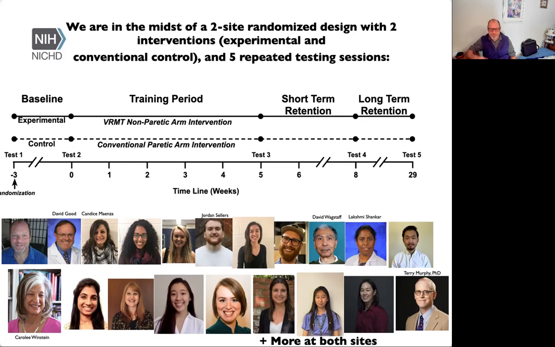One model says that if we train up the good, unaffected hemisphere, it will have more inhibition of the affected hemisphere, and our bad limb won't do as well.